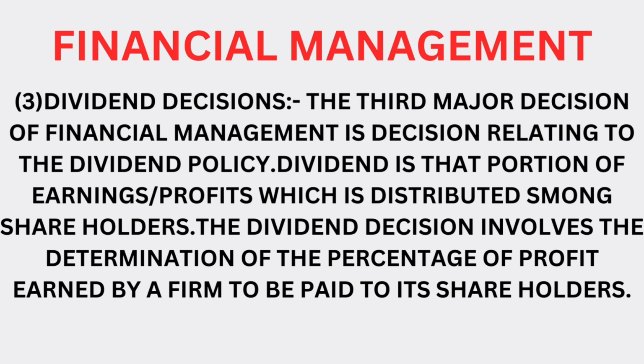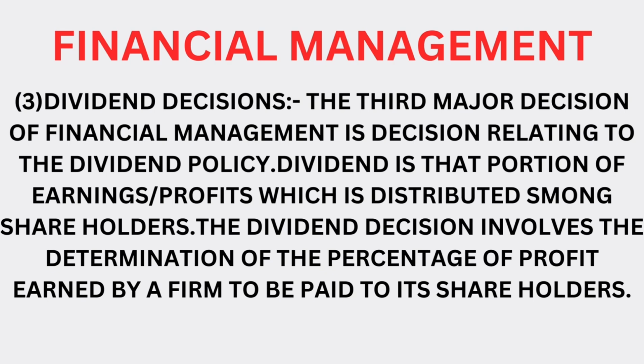Now on screen you can see the third decision, that is called dividend decision. The third major decision of financial management is the decision relating to dividend policy. What is dividend? Dividend is that portion of earnings, also called profits, which is distributed among shareholders.